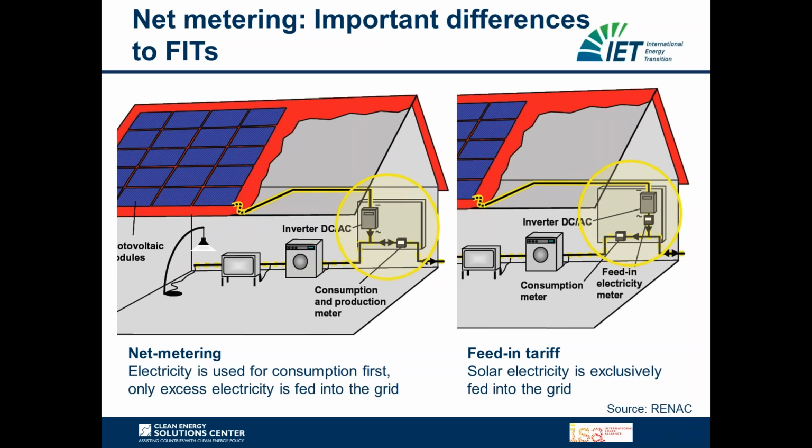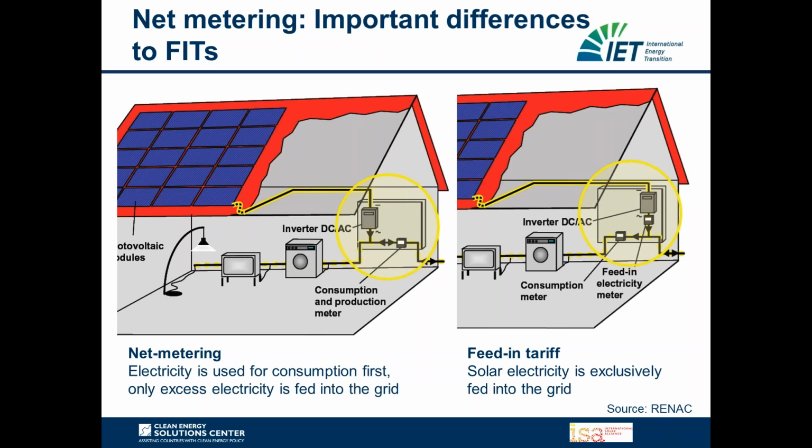The prices you were getting with the feed-in tariff were so much higher than the retail electricity price you would pay to your utility that you would export 100% of your electricity into the grid. In contrast, net metering is an approach where you try to maximize self-consumption, and you only export the excess electricity, so what is generated in certain hours of the day and certain months of the year. This would then be exported to the grid, and you would hopefully get a certain remuneration for that.